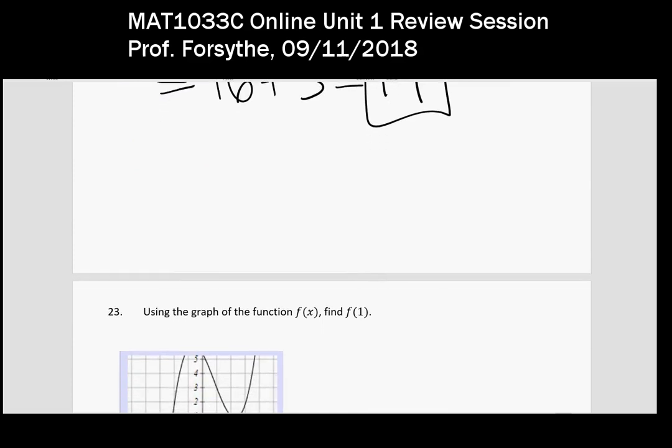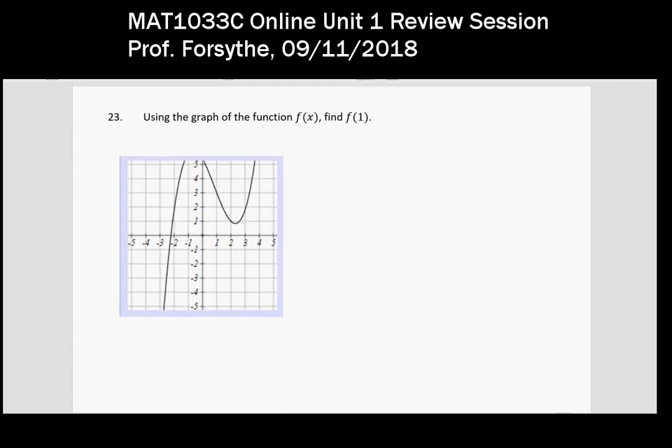Okay, 23. Use the graph of the function f of x to find f of 1. Something else to keep in mind, f of x is the same thing as y. So we often say y equals, and we have our equation. Well, f of x is the same thing as y.